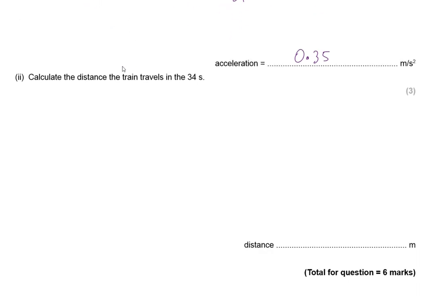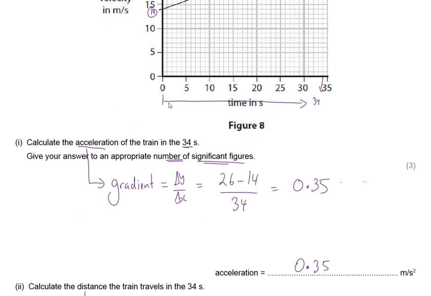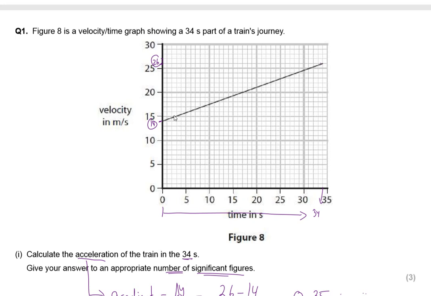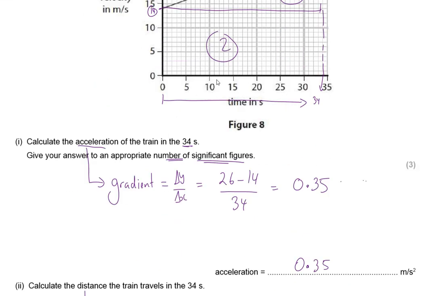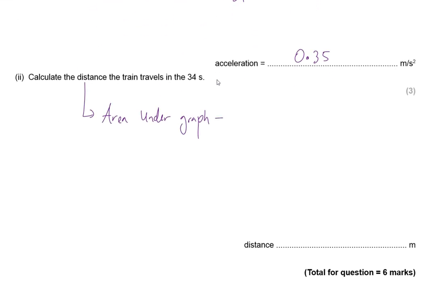Now we have distance. How can we work out distance? Now again, if you remember, distance will be the area under the graph. Okay. Now what area do we have under the graph? From here we go down. So this whole area, I can see that I have a triangle number 1 and a rectangle number 2. So you need to show that you work out the area. So therefore it's going to be the area of the triangle plus the area of the rectangle.